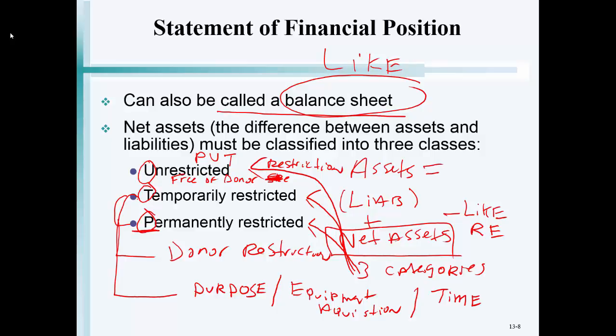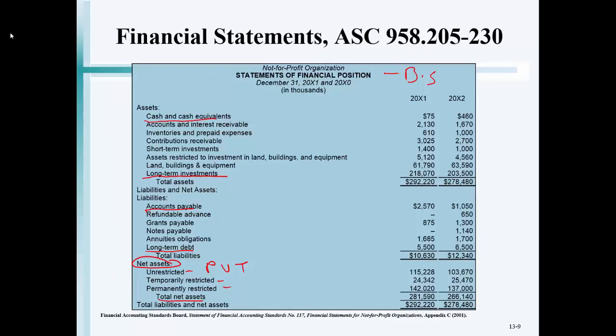Okay, so you come over and we take a look at our statement of financial position for our not-for-profits. And again, we've said that that is like the balance sheet, and we have our cash and cash equivalents. So we have our current and also non-current as well.